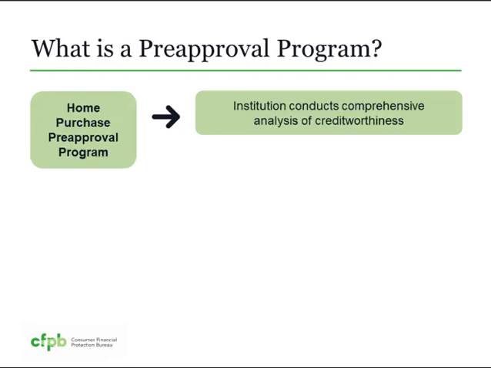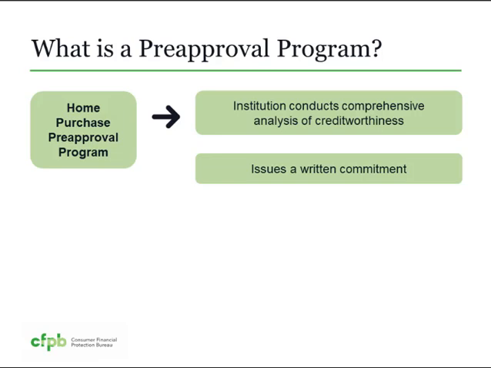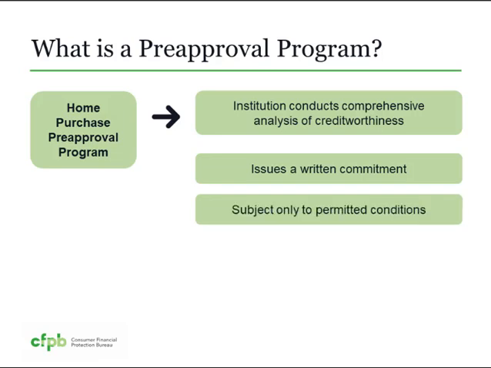A pre-approval program is one in which the financial institution conducts a comprehensive analysis of the applicant's creditworthiness, resources, and other matters typically reviewed as part of the financial institution's credit evaluation program, and then issues a written commitment that is for a home purchase loan valid for a designated period of time up to a specified amount and subject to only specifically permitted conditions.